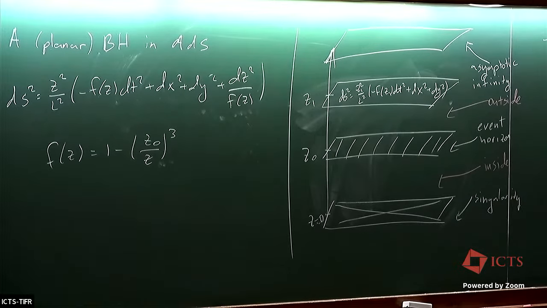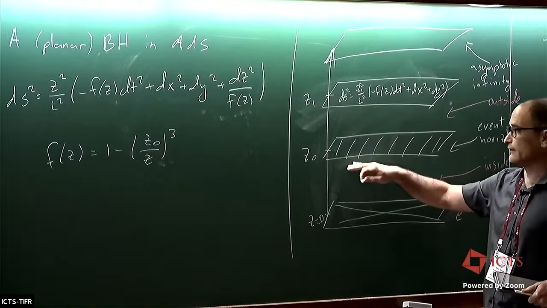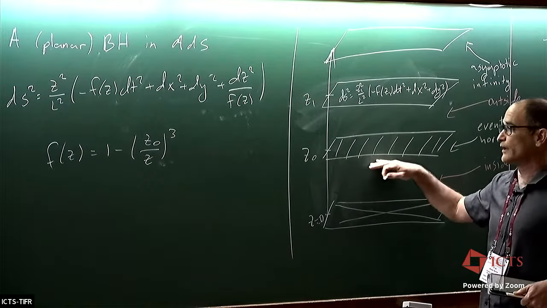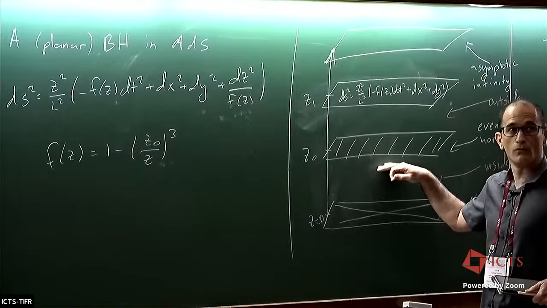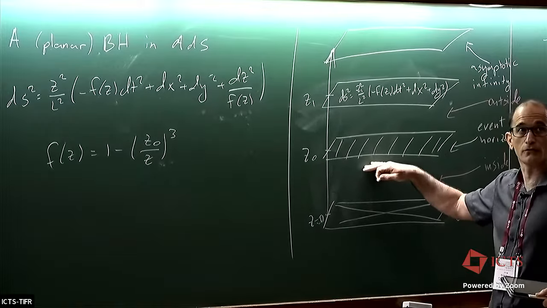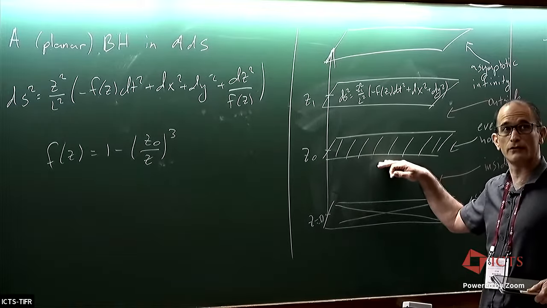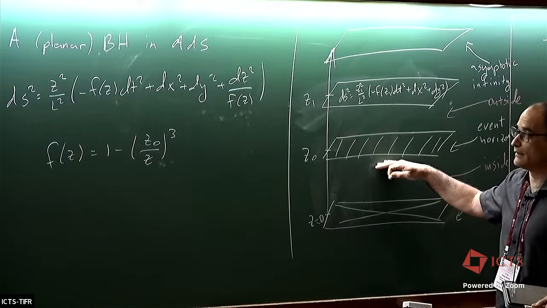The approximation that is going to be useful in this context is to consider fluctuations of this space-time where the gradients of the fluctuations are small in a sense.